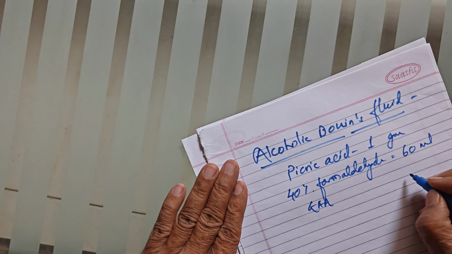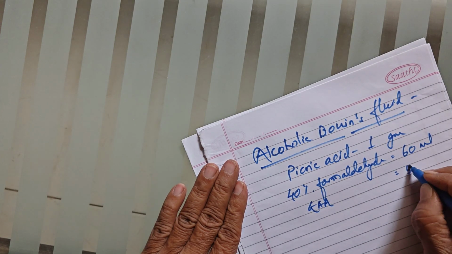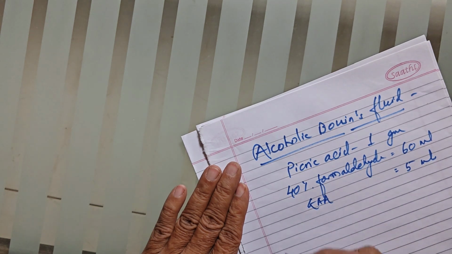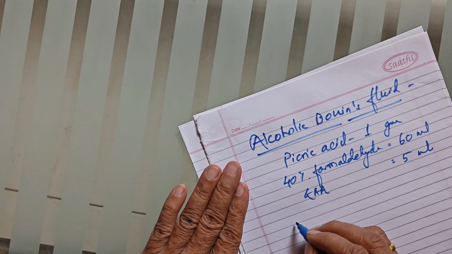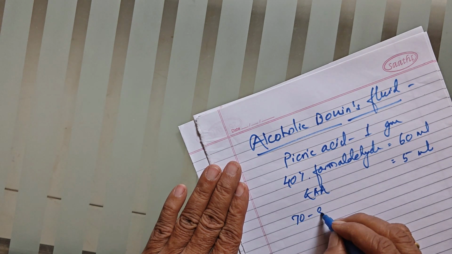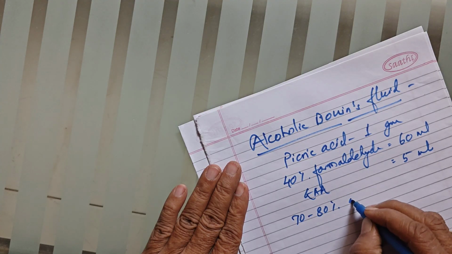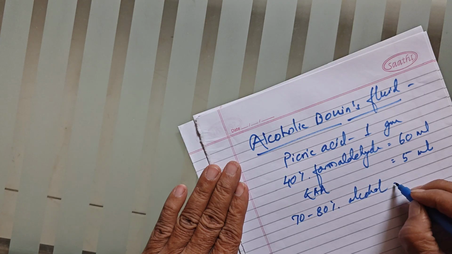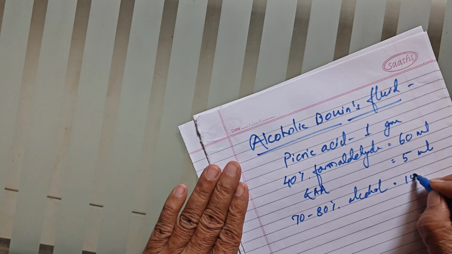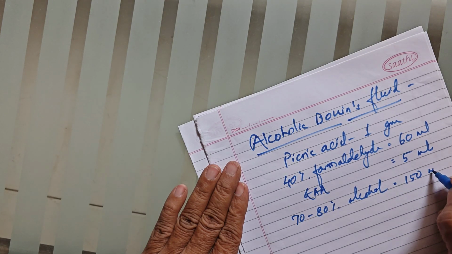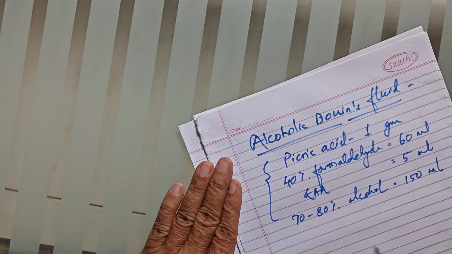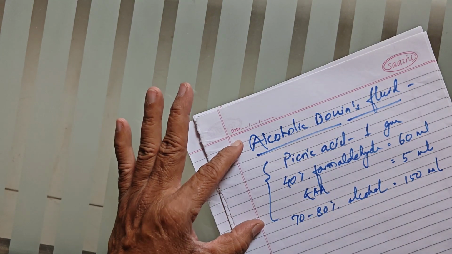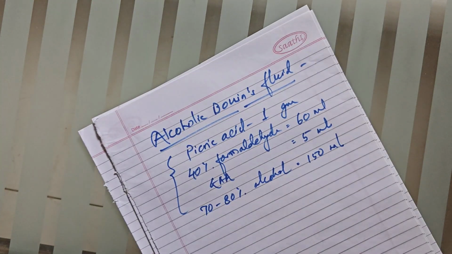The amount of glacial acetic acid is just 5 ml. This mixture is dissolved in 70 to 80% alcohol, and this alcohol is taken in the quantity of 150 ml. So this mixture is called alcoholic Bouin's fluid.